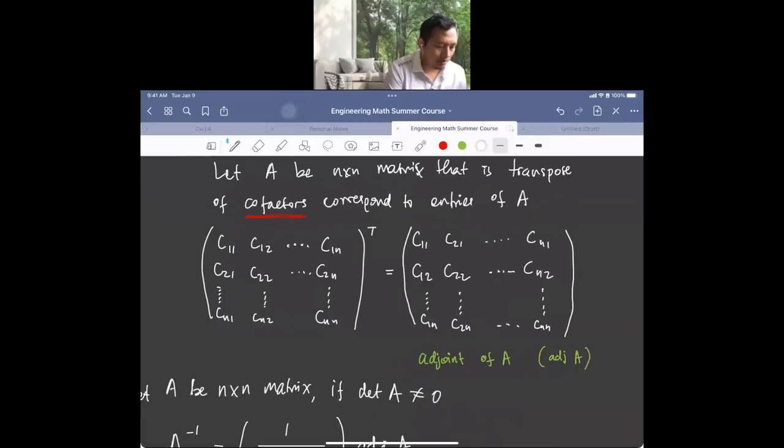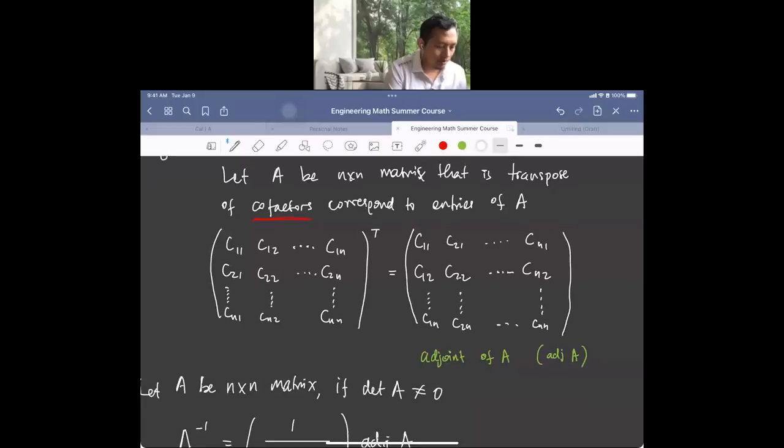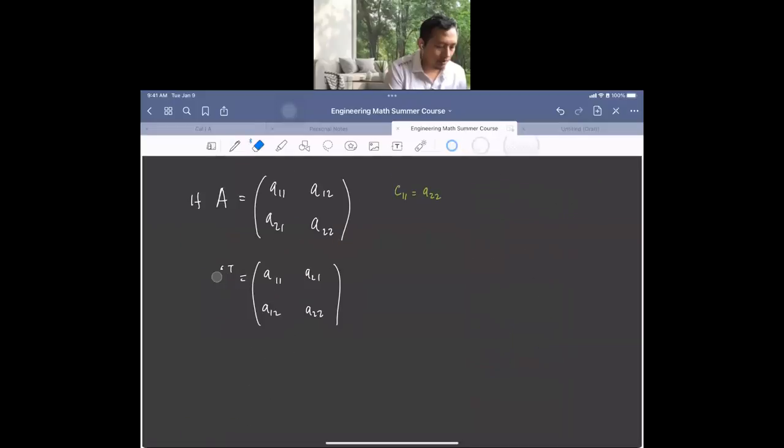So adjoint, if you remember, adjoint, we need to take the... oh wait, I think I missed something. Okay, I think we can write here.